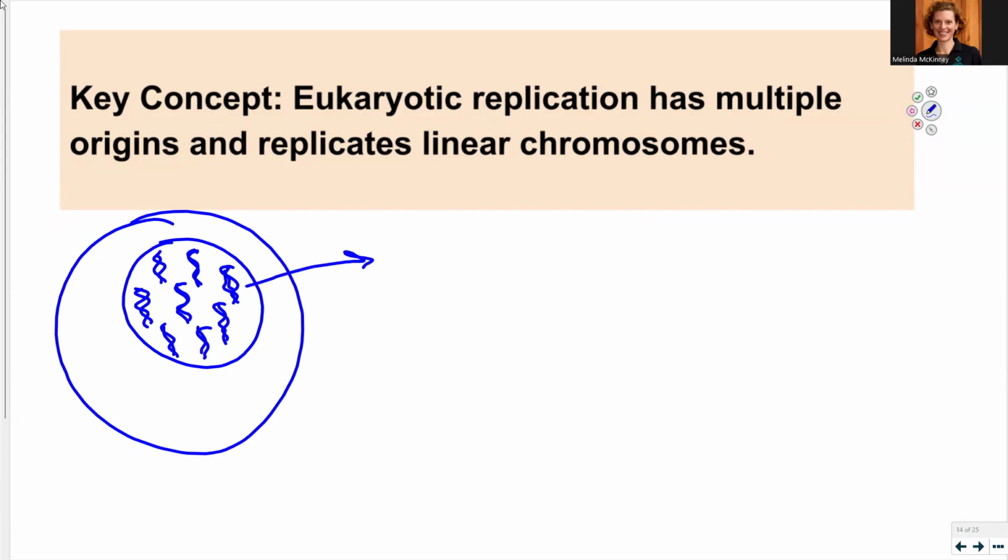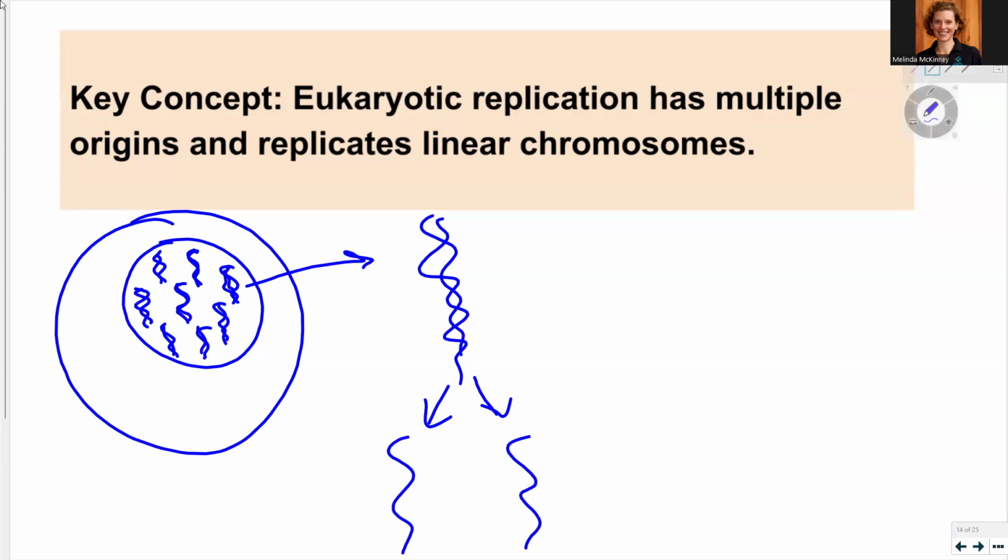So if I just take one of these DNA strands, it's going to be replicated, again, by semi-conservative replication. So the template strand is going to be broken apart. The hydrogen bonds will be broken, and then it's used to create the daughter strands here.